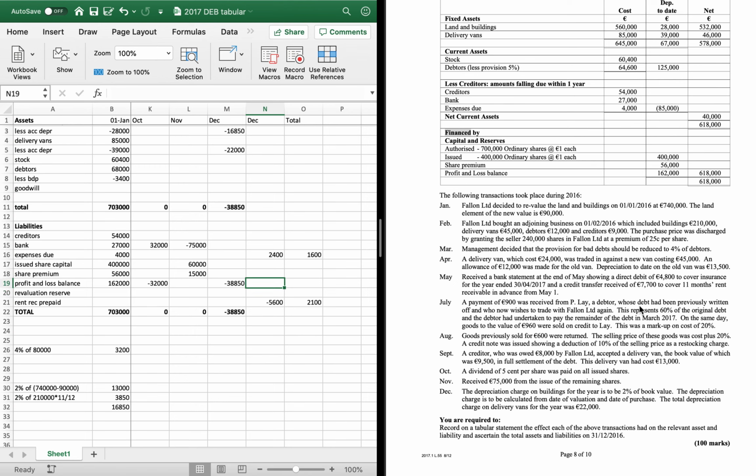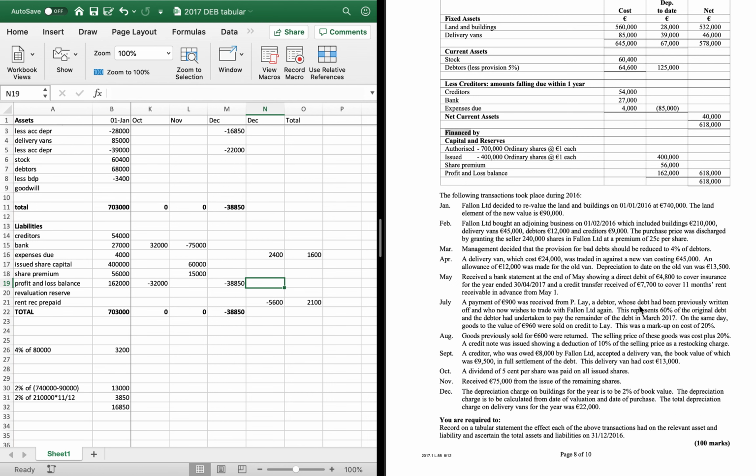Now, you make it all balance out with the profit and loss. So 2,400 is an expense. 5,600 is, in effect, a gain, I suppose, in reality. So the overall effect of that is the difference between the two of those.